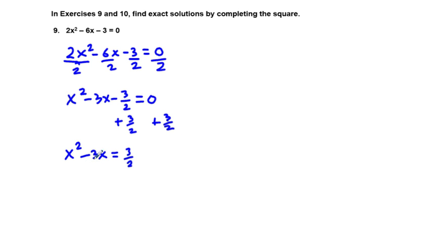Now to complete the square, we take this coefficient of x, which is negative 3, divide that by 2, and then square that. Negative 3 squared is 9, and 2 squared is 4. So we're going to have to add 9/4 to both sides of this equation.